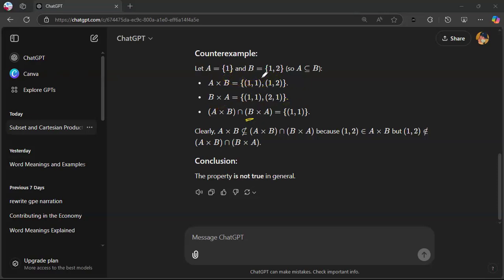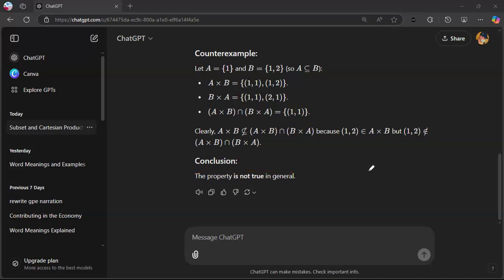The intersection of both of these is this term only, the common term (1, 1). Now it was mentioned that A cross B must be the subset of this intersection. But A cross B is a bigger set, having everything. So that's why A cross B is not the subset of this particular set, which has only one element.